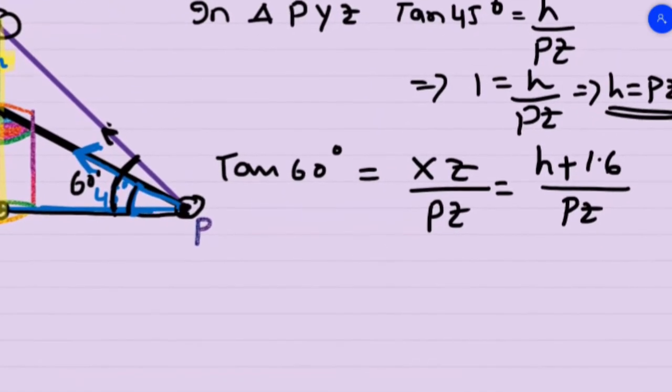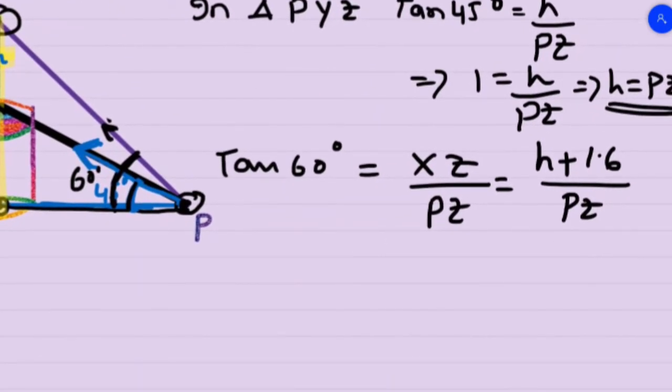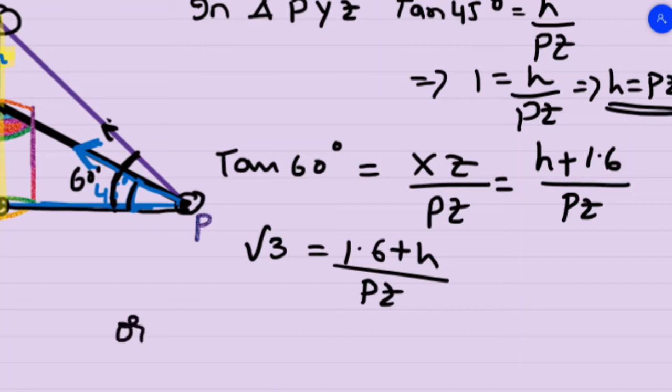The value of tan 60 is nothing but root 3. So root 3 will be equal to (1.6 plus H) by PZ, or root 3 PZ will be equal to 1.6 plus H. But children, we have already seen that your PZ is equal to H, isn't it?